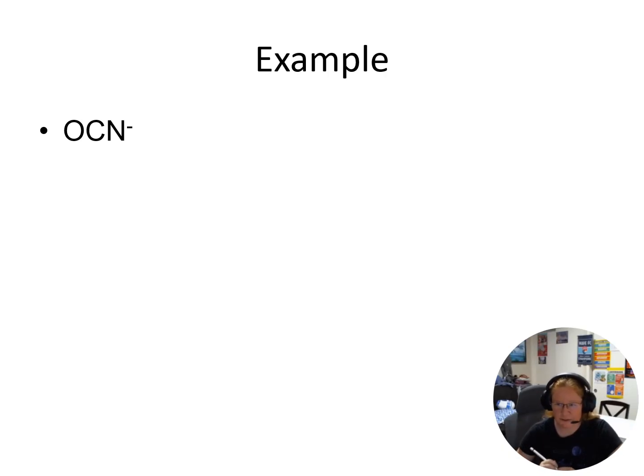Let's see here. So I've got this OCN, the cyanate anion. There's 3 structures that we can draw. Let's figure out which one's the best. Okay, so I can draw this one.